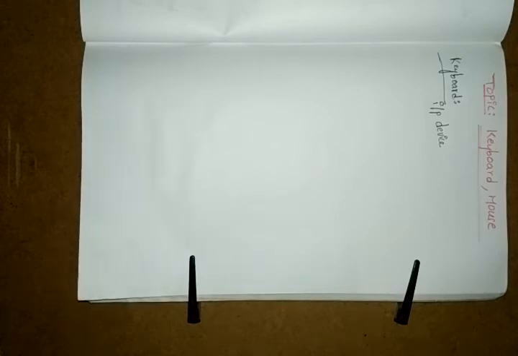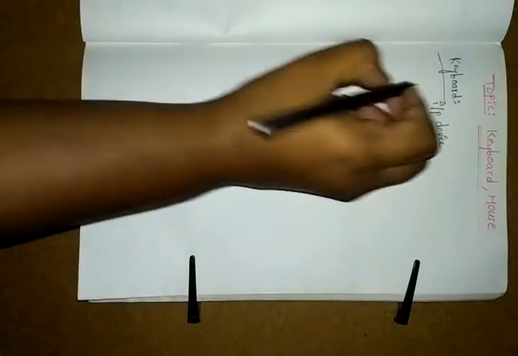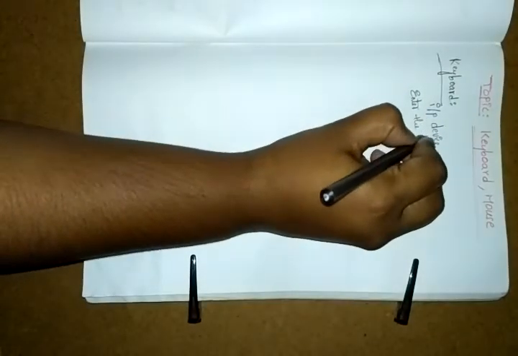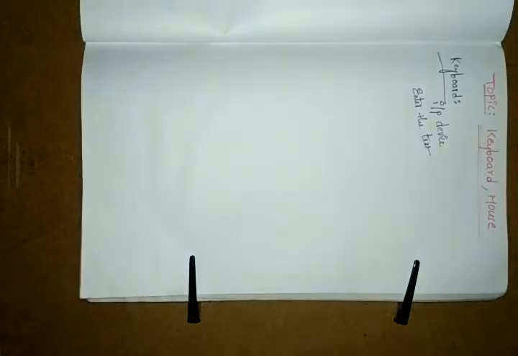entering the text. Why are we using this keyboard? Because we have to enter the text from the keyboard. So by the keyboard you can enter the text onto the monitor screen, right?